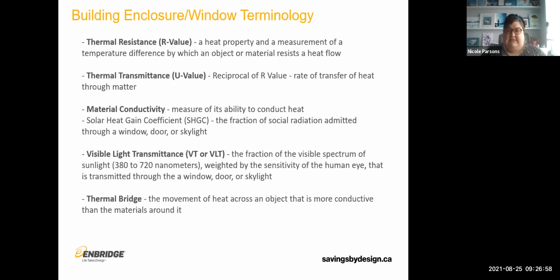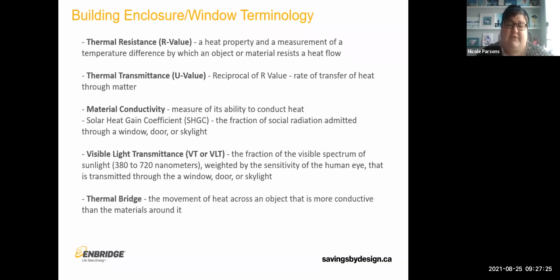Whereas fiberglass has a much lower conductivity, so it doesn't transfer nearly as much heat, and we don't have a thermal break because fiberglass is already quite good on its own at that performance.